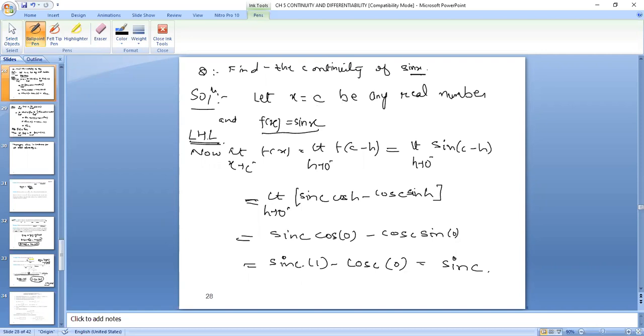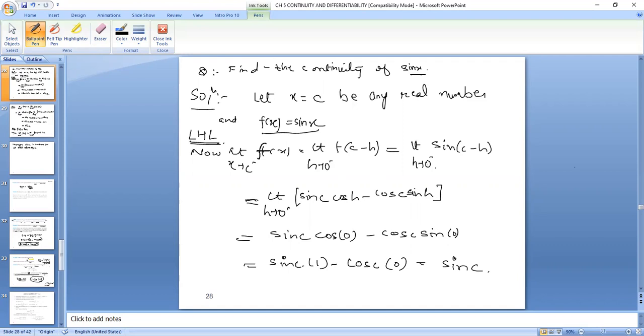First, we will be finding the left hand limit. For left hand limit, we will find limit x is tending to C negative of f of x, which means when we have to find the limit at x equals to C, left hand limit means C minus h, and h will be tending to 0 negative.